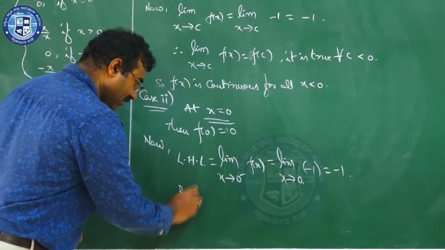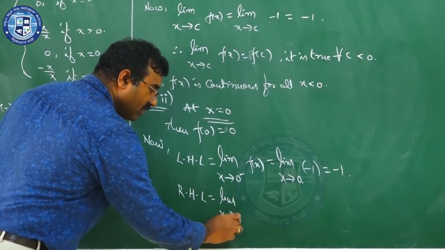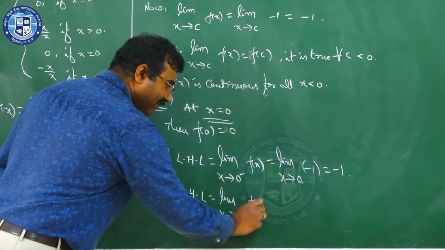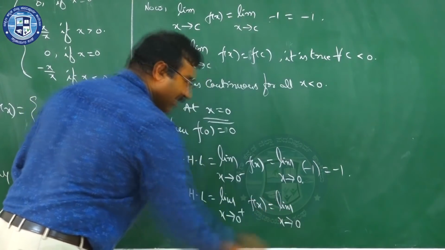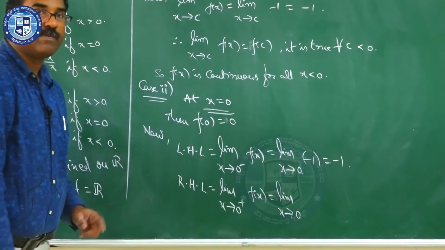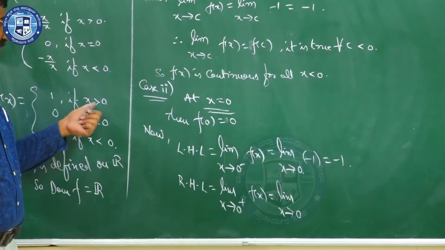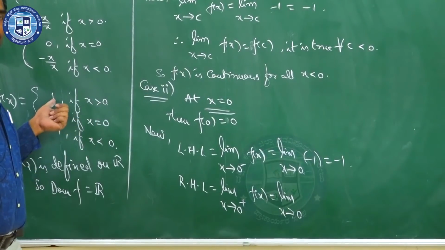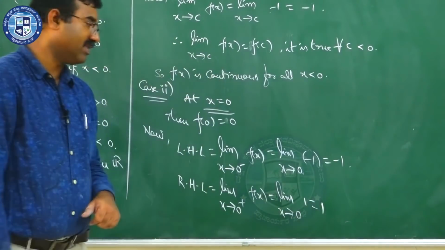And RHL: limit x tends to 0 plus of f(x). That means approaching 0 from the right side, so the x value will be more than 0. So you have to take the function as 1, which is equal to 1.